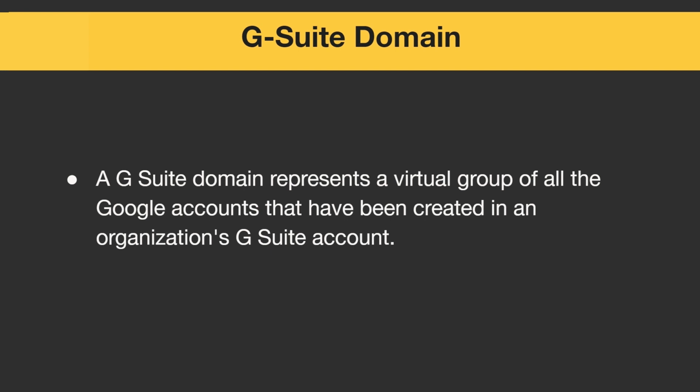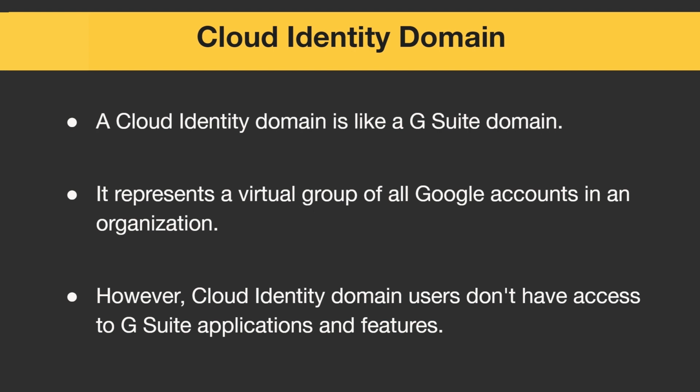A G Suite domain represents a virtual group of all the Google accounts that have been created in an organization's G Suite account. Cloud Identity might be the G Suite domain or users who are out of the box of Google.